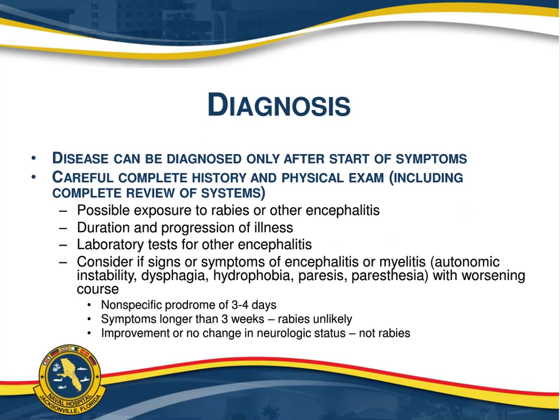So diagnosis, this is one of those things where if you diagnose this, the patient's 99.9% dead. The patient is probably not going to survive, and you need to take precautions for yourself, and anybody exposed needs to do this post-exposure prophylaxis, which I'm going to discuss.